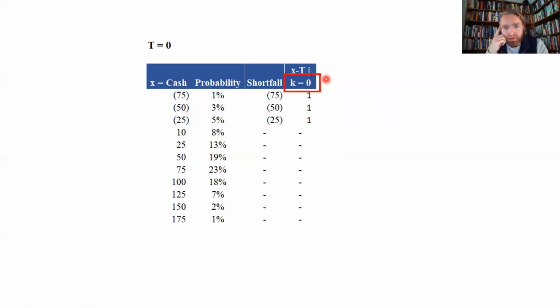If it's 0, to take that first, we don't apply a penalty. We just register that a shortfall has occurred. If you raise something by the power of 0, it returns a 1. So no matter the size of the shortfall, you always get 1 when you raise it to this power. There's no penalty involved. You don't care if it's a large or small shortfall. The fact that it is a shortfall is the only thing that you're interested in.